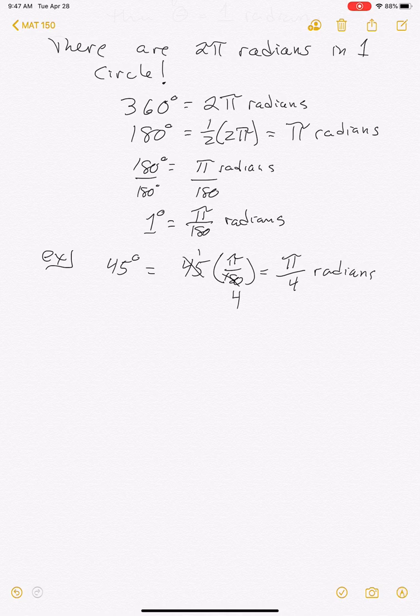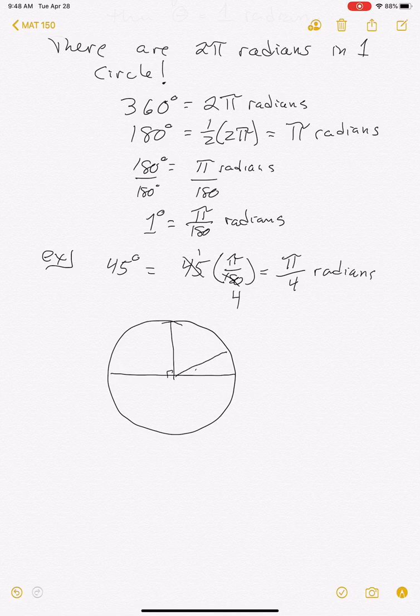That would mean that 90 degrees is pi over 2 radians, because 180 is the whole pi. So if I take the circle and I've got 180 degrees, and this is 30, this is 45 degrees, this is 60 degrees, and this is 90 degrees, this is pi over 2 radians because this is pi radians.